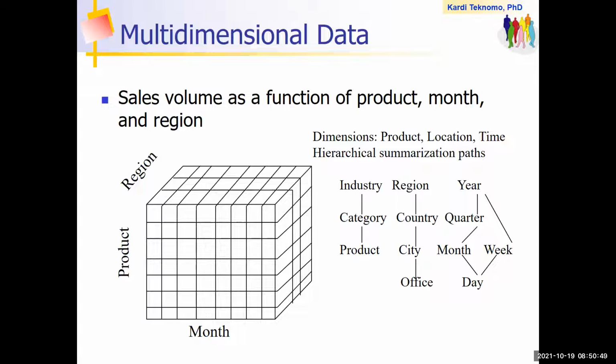And similarly with the location dimension, for example, you have the region, for example, Southeast Asia, and then you have country, you have cities, and then you have office. So one city, you can have several offices. Similar with the product dimension, you have the industry, and then you have the category of that industry, and then you have the product. Can you see the multi-dimensional aspect of this, every dimension?